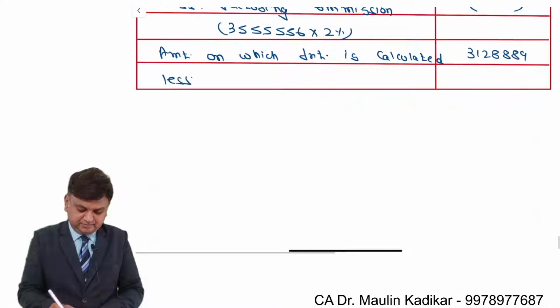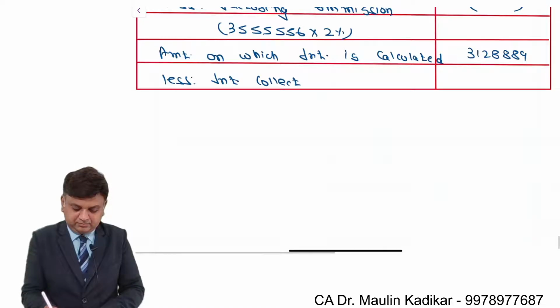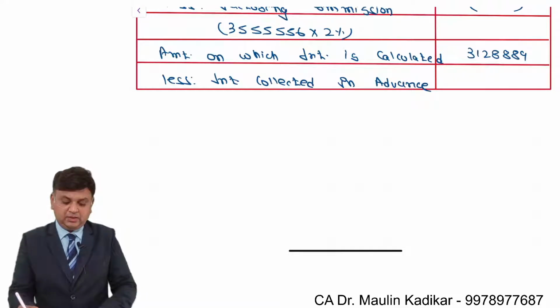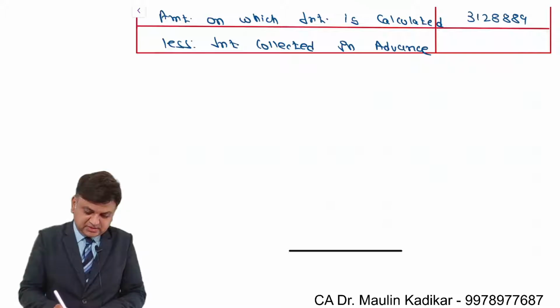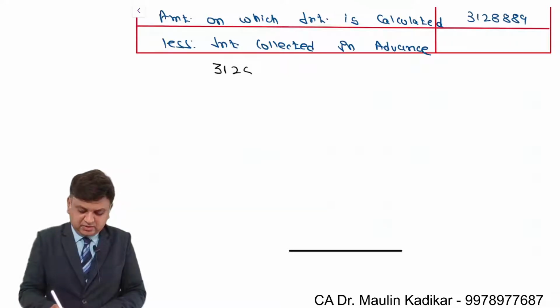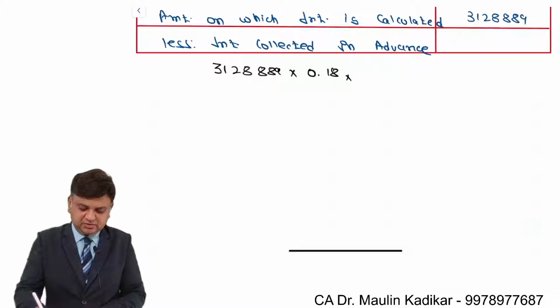Less interest collected in advance, because again over here we make an assumption that the interest is collected in advance. 31,28,889 into rate of interest is provided as 18% into 80 divided by 360.